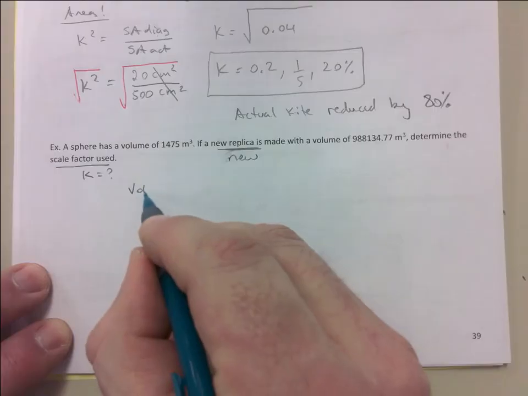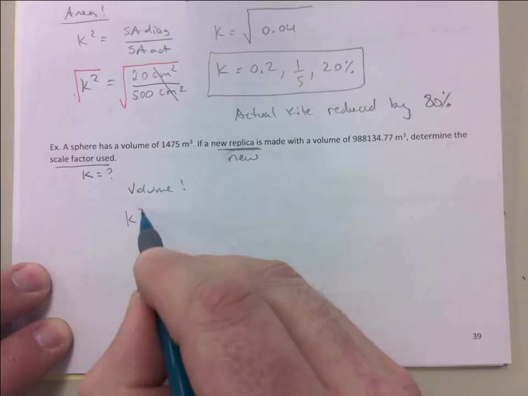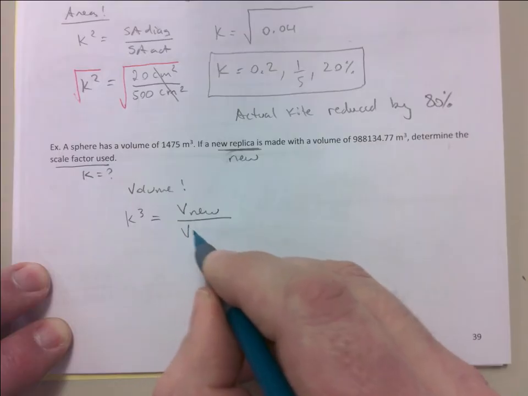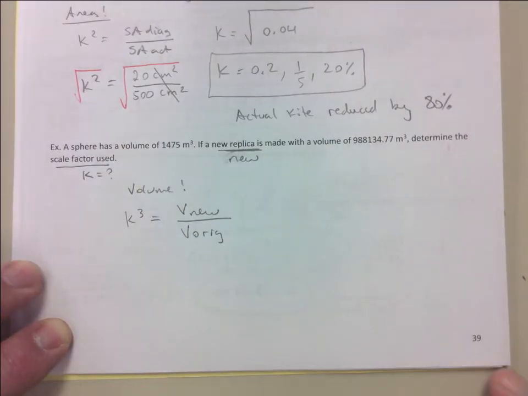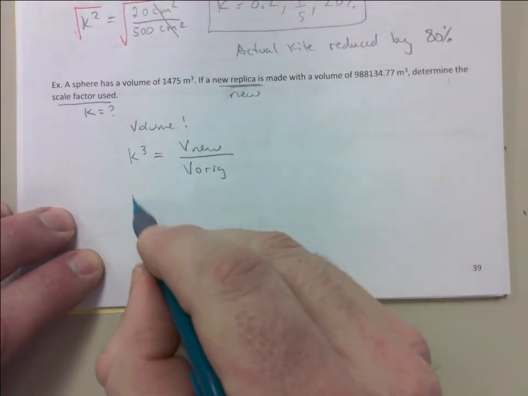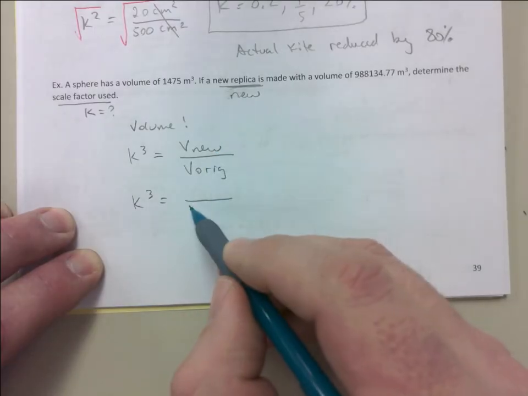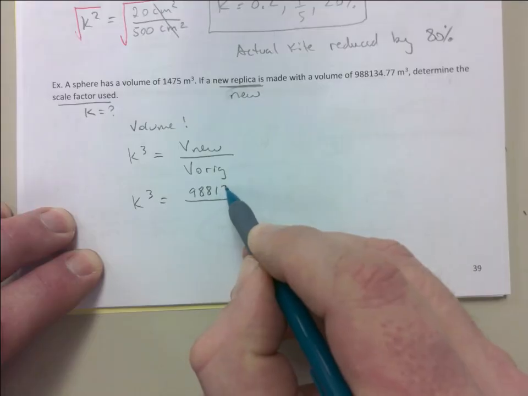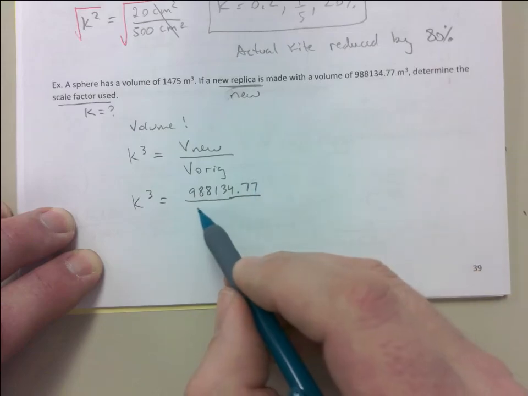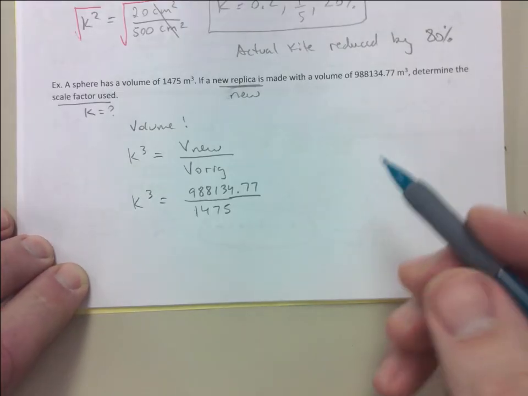We're talking volume. Therefore, we have to use this. K cubed is the volume of the new shape that we've created over the volume of the original shape. We don't know what K is, so we go volume of new, which is 988,134.77 cubic meters, and 1475 cubic meters.